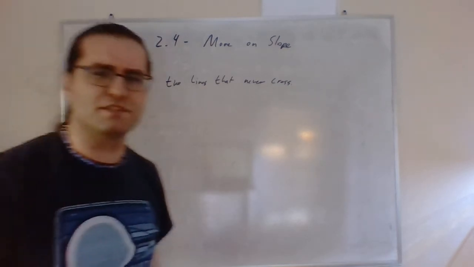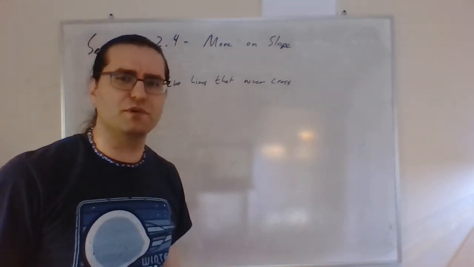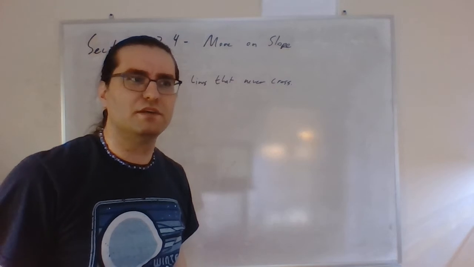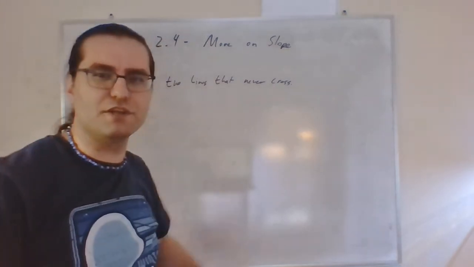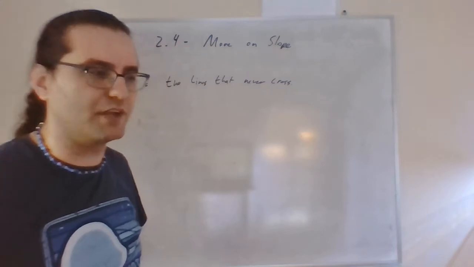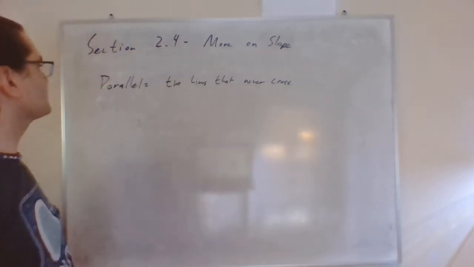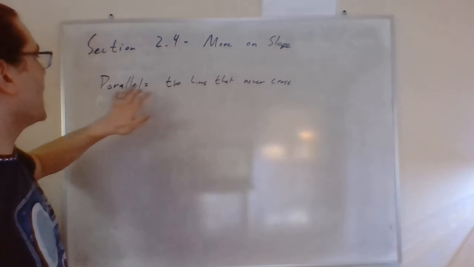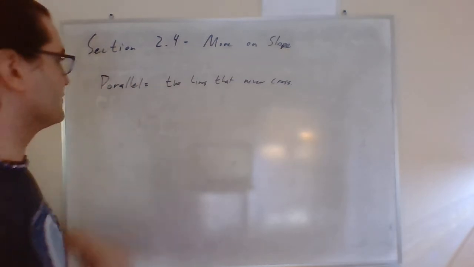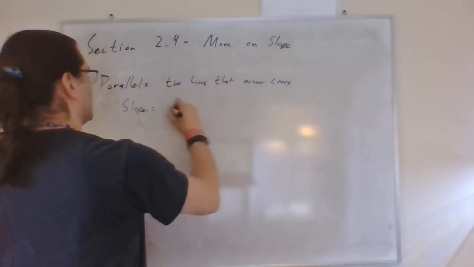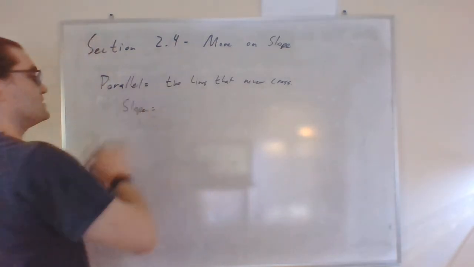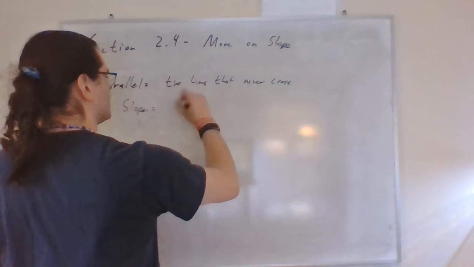Sometimes you get lines that cross on other weird shapes, like if you put parallel lines on a donut shape, weird stuff can happen. But on a plane, parallel means that it never crosses. And in terms of slope, this means if two lines are parallel, they have the same slope.